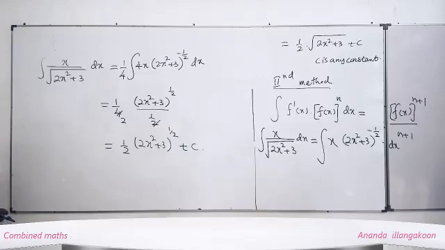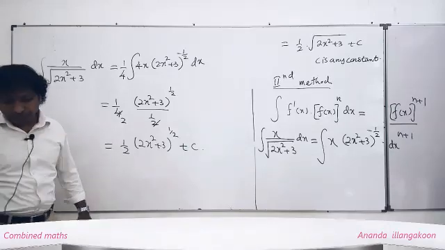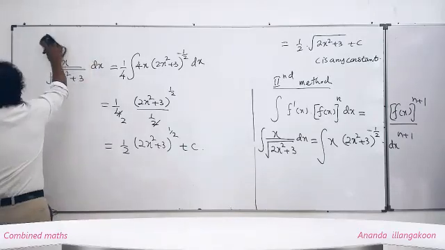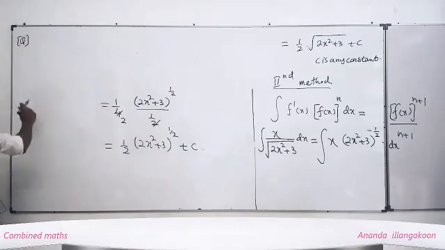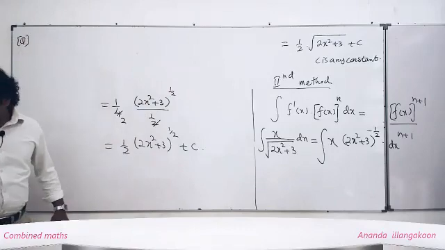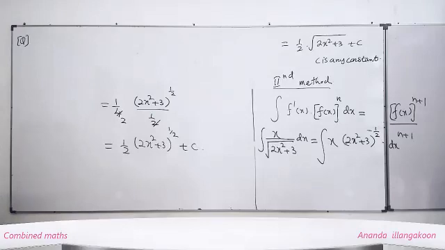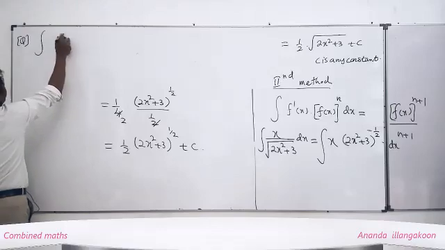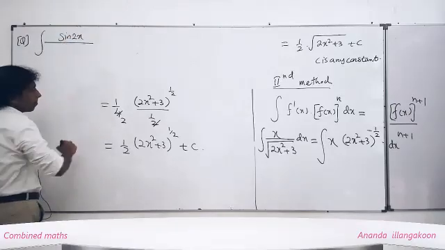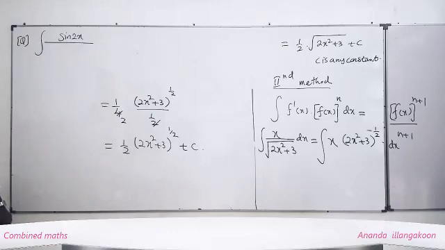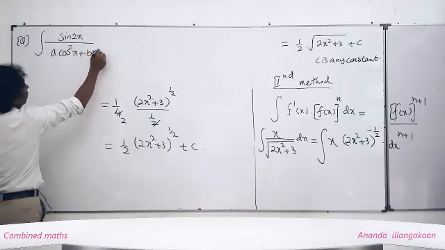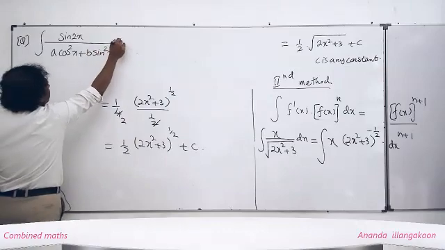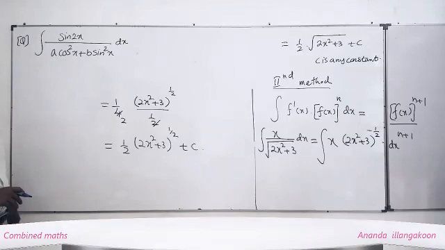Next question. The question is: sin 2x divided by a cos square x plus b sin square x, dx.